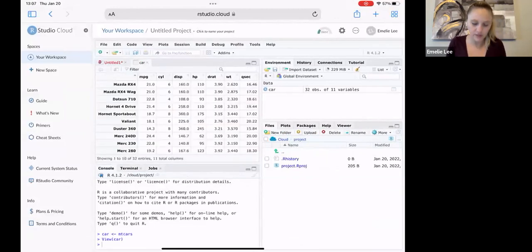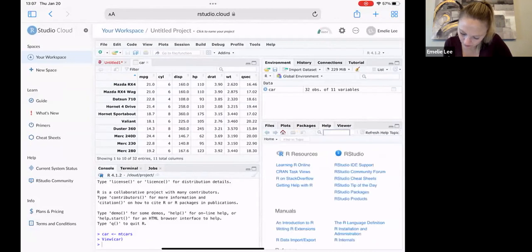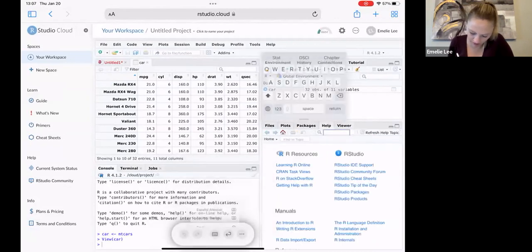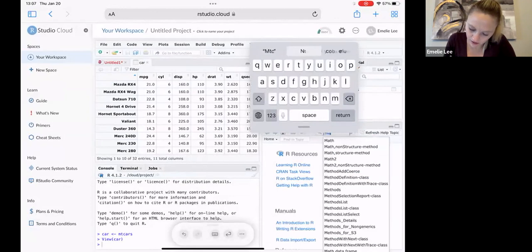So car, which is the mtcars data set, which is a really common data set that we use. It's from like 1972 or something. Let's see here. Help, mtcars.